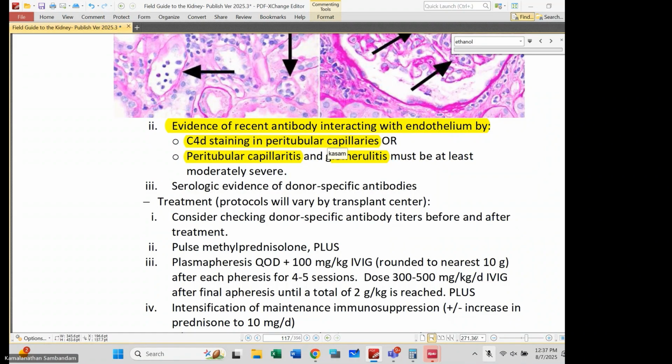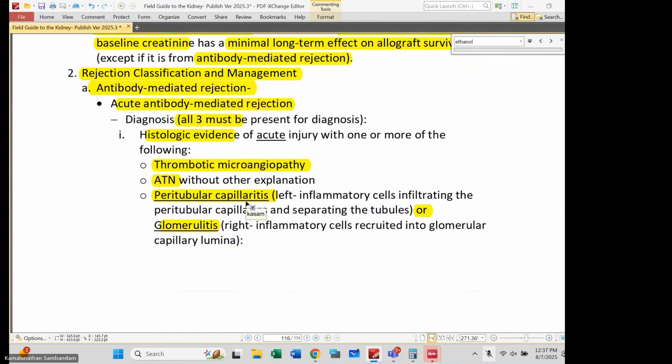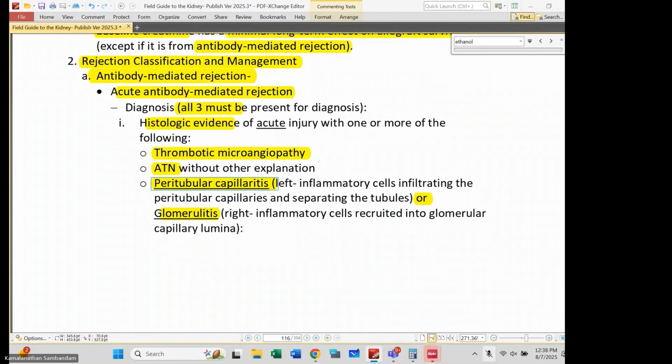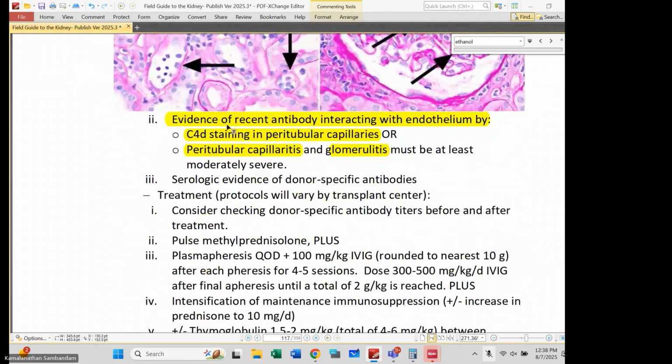Okay, that's evidence of recent antibody interacting with endothelium. Kind of a subjective call, as you can tell, right? Usually we're relying on C4D, right? So the more common things I'm highlighting are the histologic evidence. The more common thing you're going to see is PTC. The second criterion is going to be positive C4D.